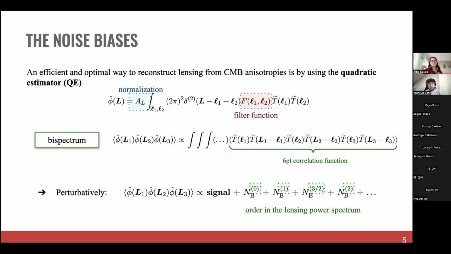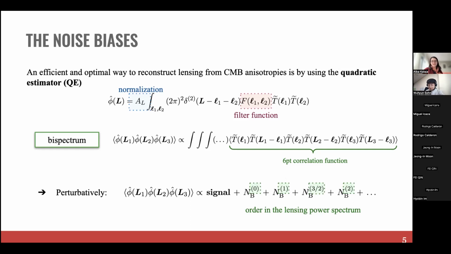It's there because you're using the estimator, basically. And then you have the N1 noise bias, which is first order, so it's linear in the lensing power spectrum. Let me skip this and go to the N2, which is quadratic in the lensing power spectrum. And then N3 half depends on the bispectrum, so it contains the signal itself.